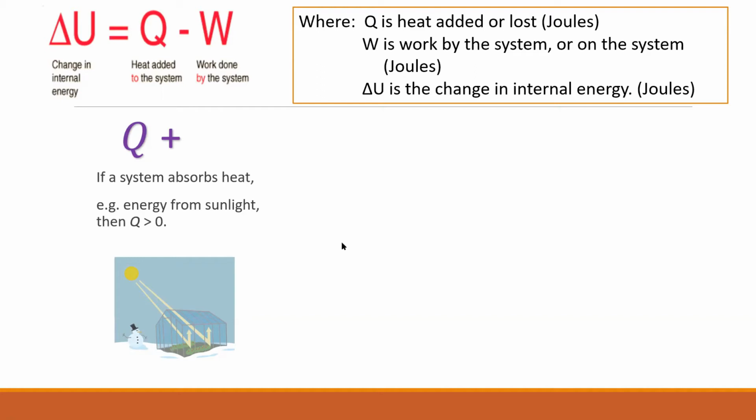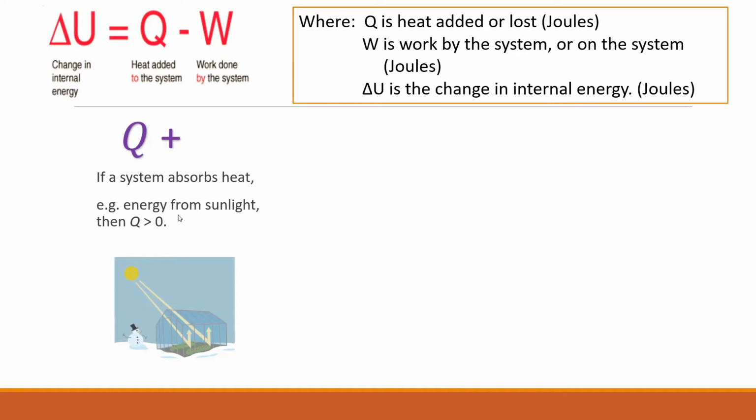I'm talking about a microwave, a stove, an oven, a heater, anything that's warm that will heat something up so energy can go into it. So that's when energy goes into a system. When energy goes into a system, then Q will be positive.